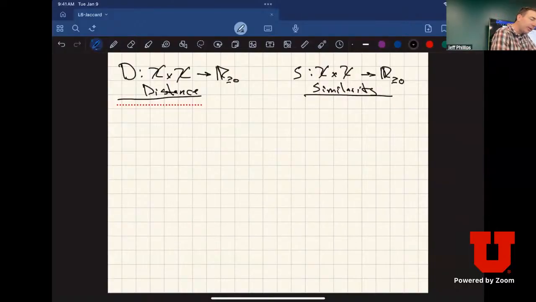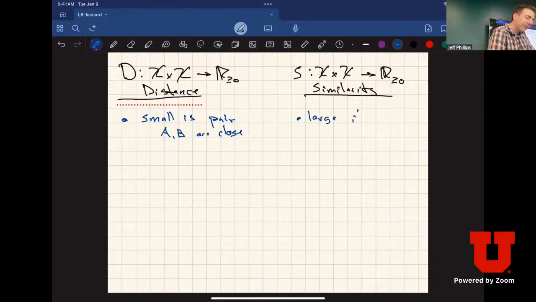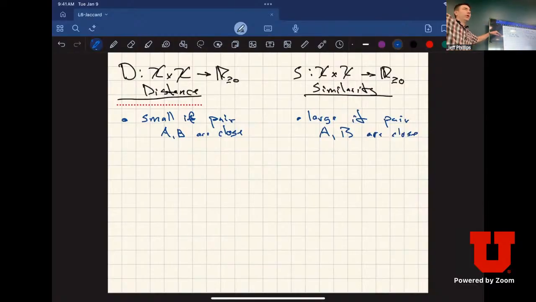And so to put a table to compare these, the distance quantity is small if the pair of objects A and B are close, whereas the similarity is large if the pair A and B are close. It's a different way of quantifying this, and it changes the order. It used to be if a distance is small, things are close.